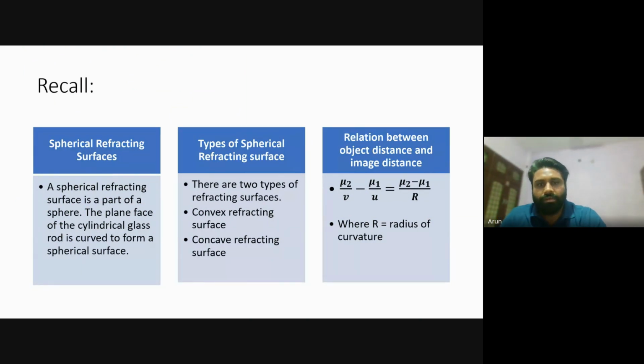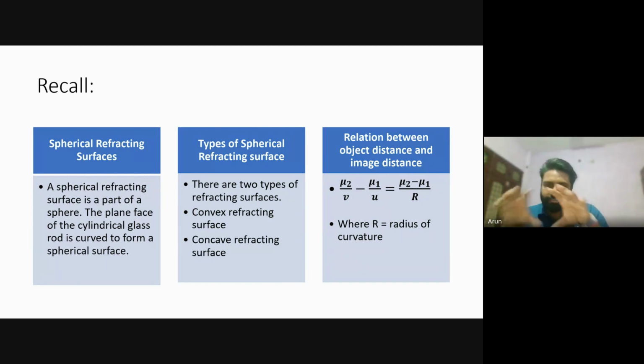Firstly, we will recall. In the previous section, we have dealt with spherical reflecting surfaces. So what are these? Spherical reflecting surfaces are a part of a sphere.